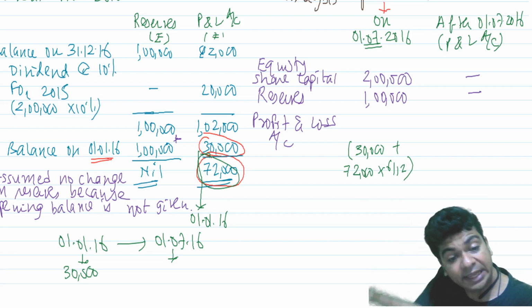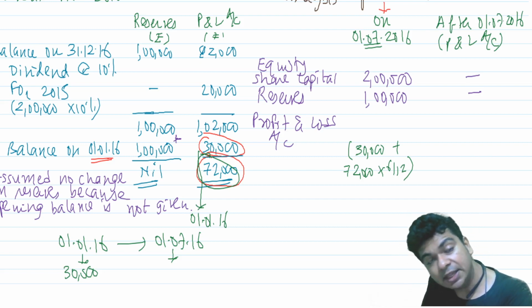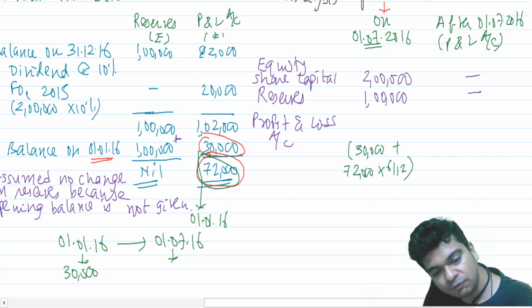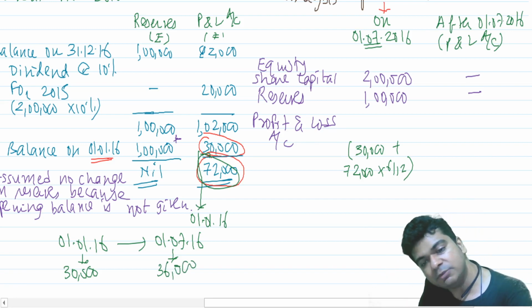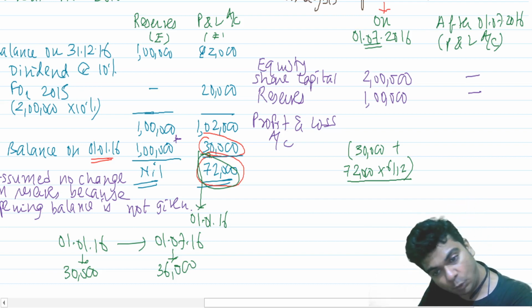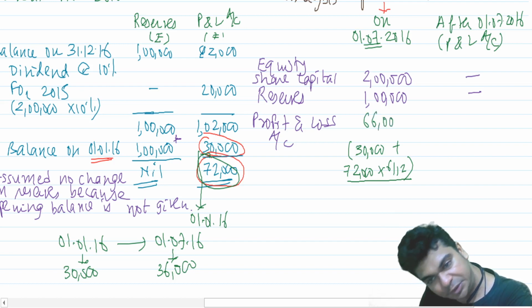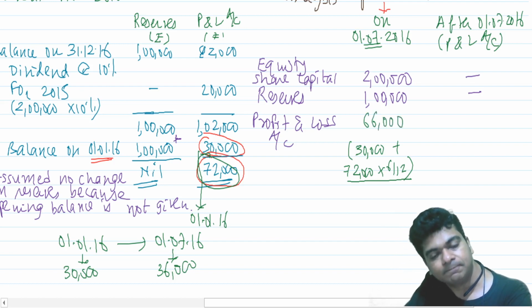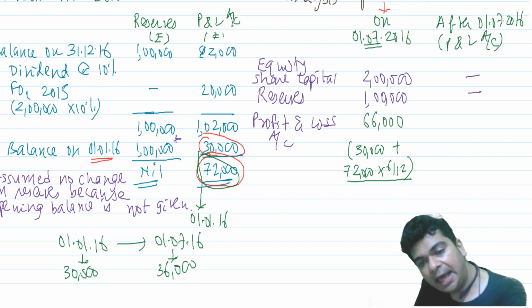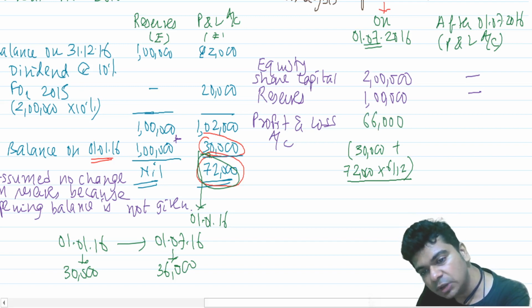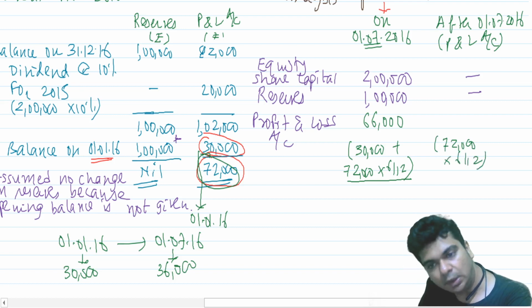If in the whole year you have earned 72, then up to 1st July it will be half of 72, which is 36. That is what I am showing over here as 72,000 into 6 by 12, 36, and this 30. So 66,000 rupees over here, right? And here also on after 1st July, I'll say it will be 72,000 into the last 6 months. So that will turn out to be 36,000.